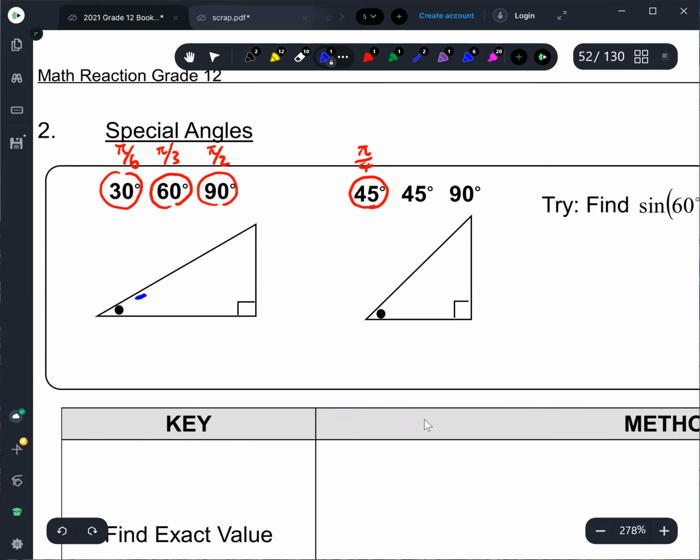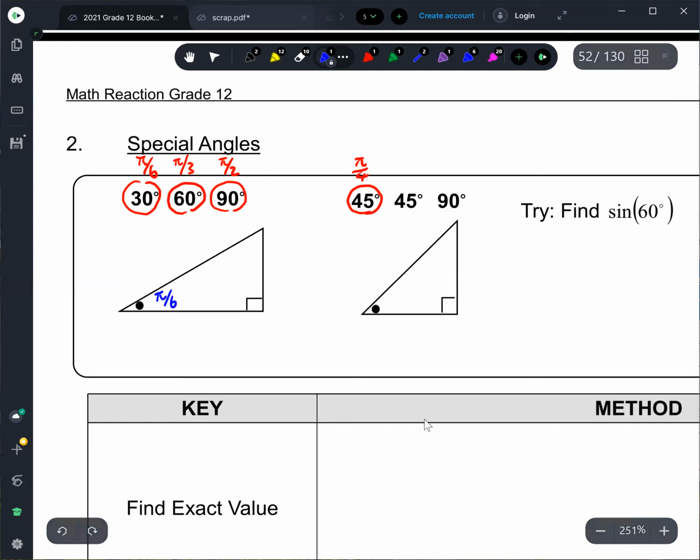Pi over 6. Okay, it's the smaller angle, right? Compared to the other side, which is pi over 3. Okay, pi over 6 is the smaller one. Pi over 3 is the bigger one. Okay, and the largest one is pi over 2.